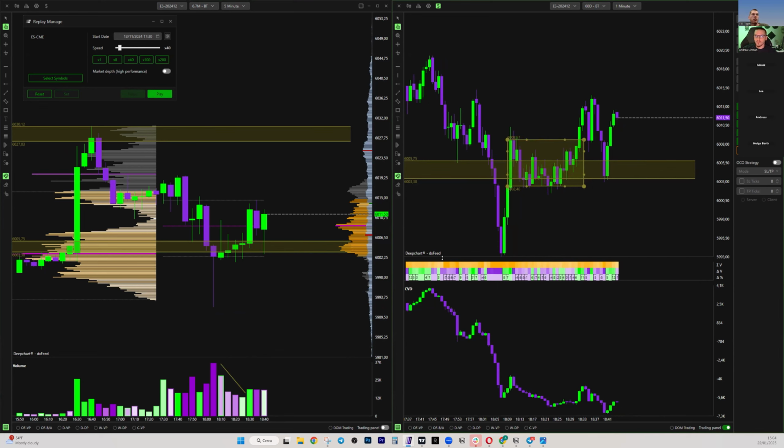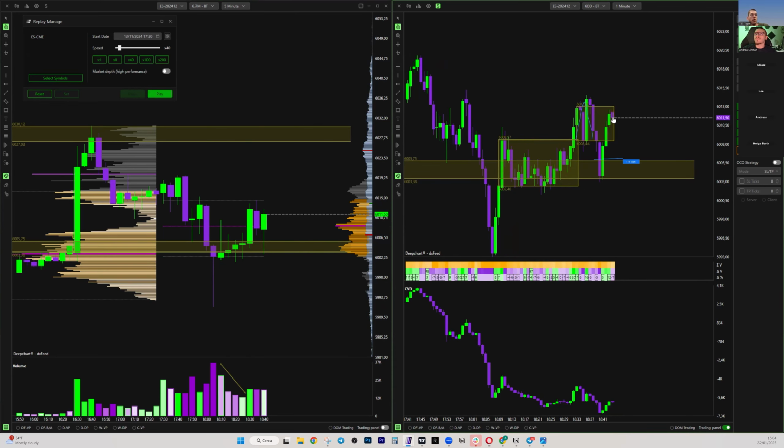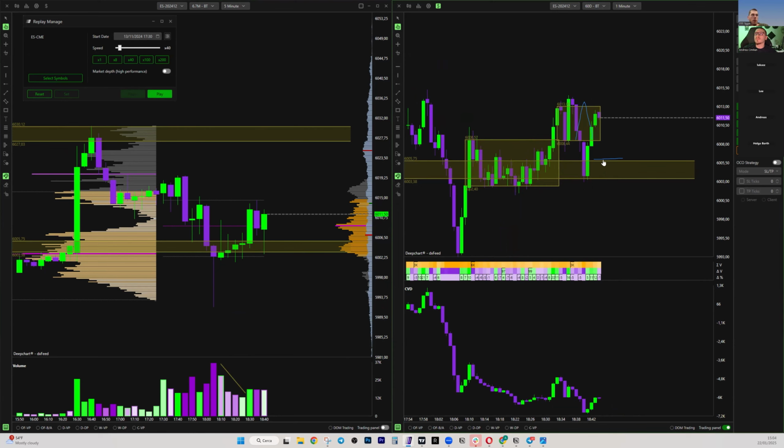So we can now check for long setups. We had the first breakout and we had the first test, but as I said, I don't like this P shape. So the first way would be to just enter a limit here, and I would put the stop loss below here. But that's too late, we missed it. So we can trade the break back in.